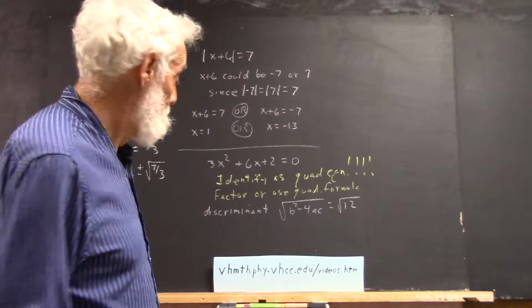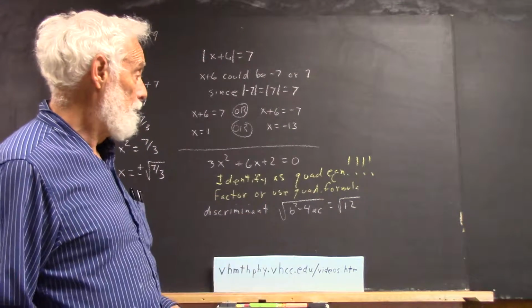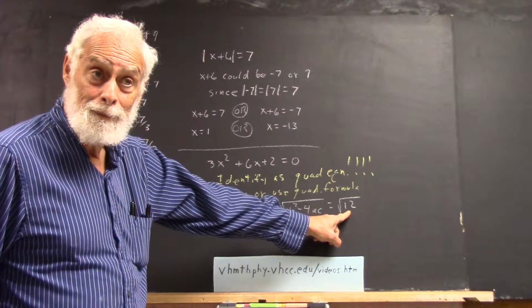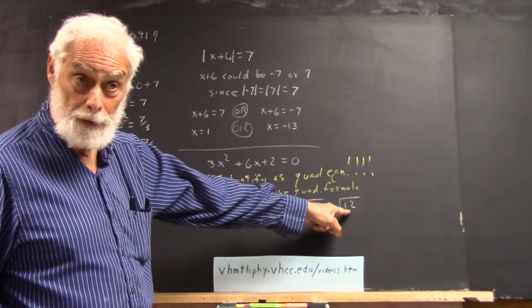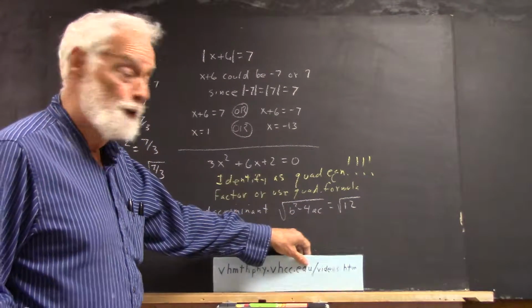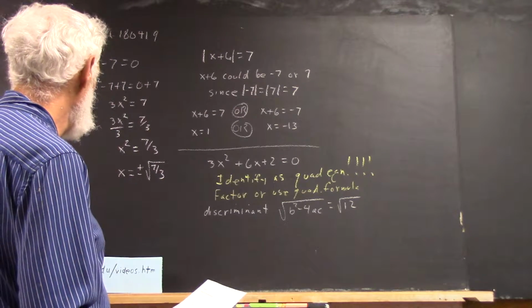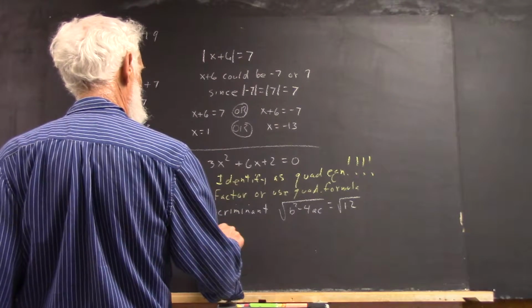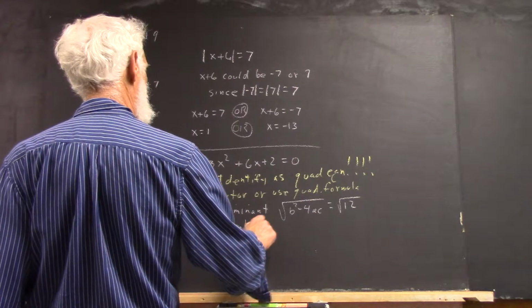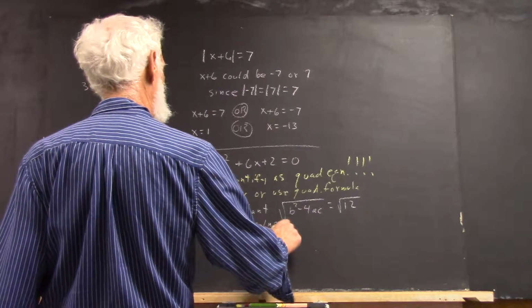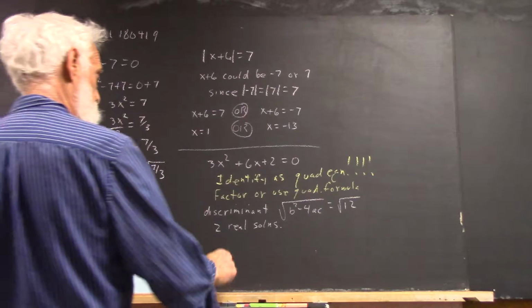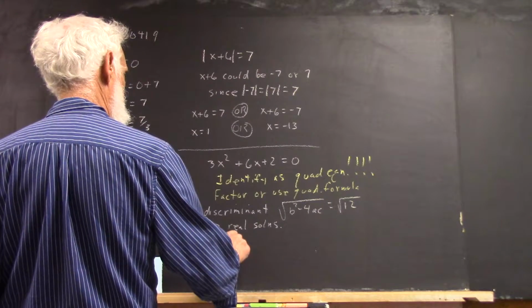Now, the reason I did that is if this was a negative, then of course you'd have a complex solution, wouldn't you? Okay? This tells you that you get 2 real solutions. It's important to understand this. 2 real solutions.